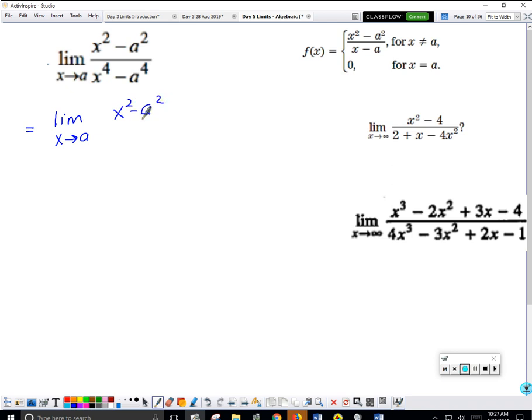I left the top alone because I realized that when I factor the bottom, one of the factors of the bottom is going to look like the top, which is what I was wanting. So that's factored in a way that's helpful.